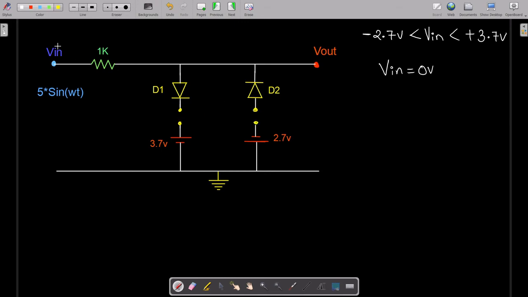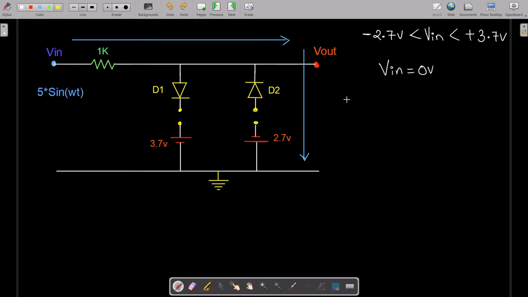Now you can see very clearly that whatever current is coming from V in will follow this particular path. Let me draw neatly over here.